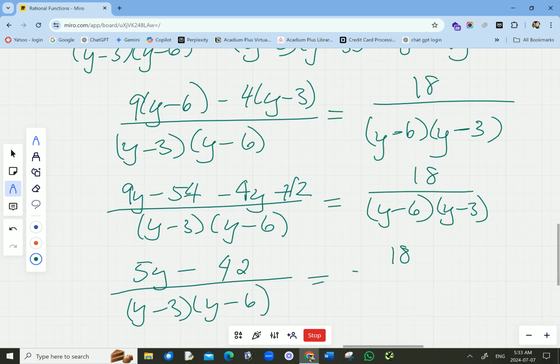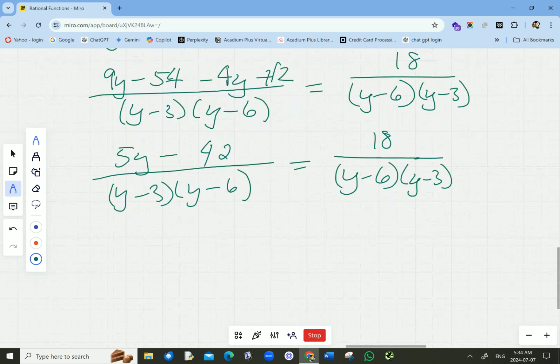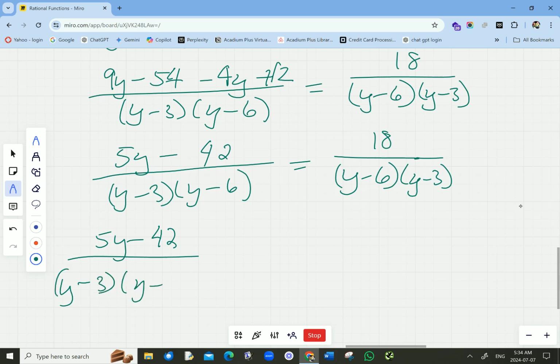Now we can actually start solving this. Now that both sides are simplified, we bring everything over to one side. So we have 5y minus 42 over y minus 3 times y minus 6 minus 18 over y minus 6 times y minus 3 equals 0.